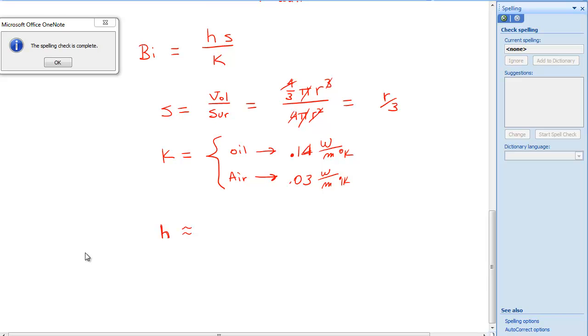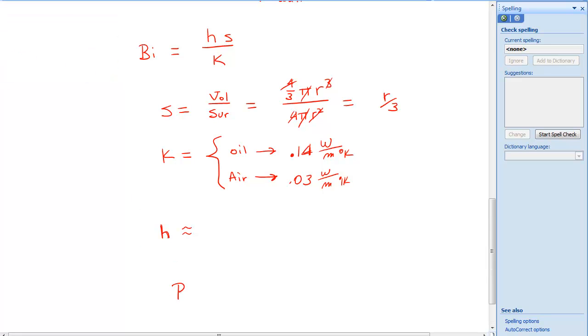If this is the case, then the assumption of a uniform temperature is okay. What this means is that the Biot number is less than around 0.1.